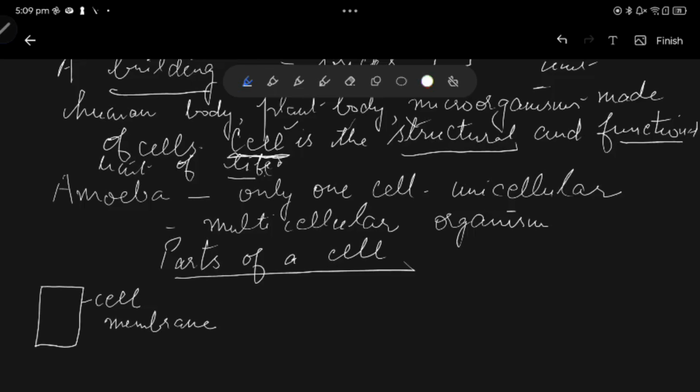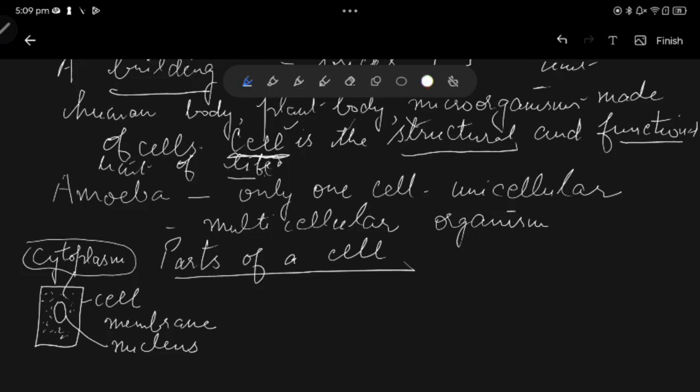Inside, in the center, there is a nucleus. And here in between the cell membrane and the nucleus, there is a fluid which is called cytoplasm. Then inside this cytoplasm, there are many cell organelles which we will discuss one by one.